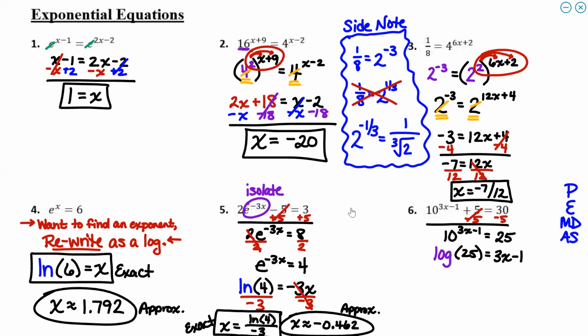So I have log of 25 inside parentheses, and then plus 1 after that. It is not going to turn into log of 26, because I have to do this operation first before I'm allowed to do any other operations to it.